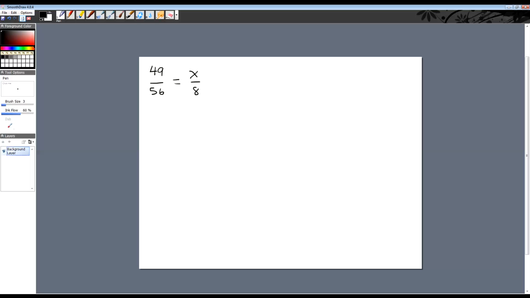So let's perform the cross multiplication. 8 times 49 equals 56 times x. So 8 times 49 is 392. 392 equals 56x.